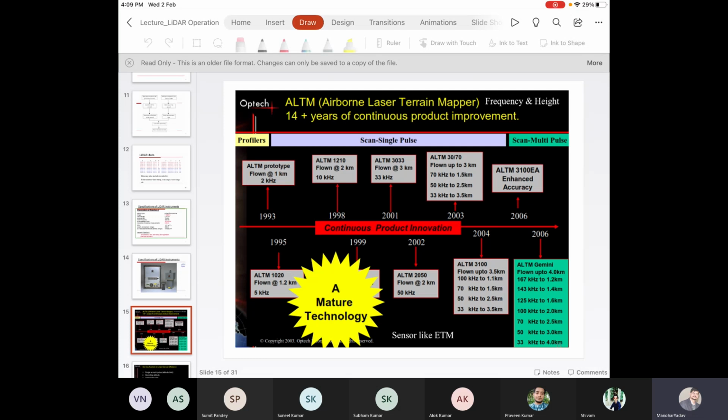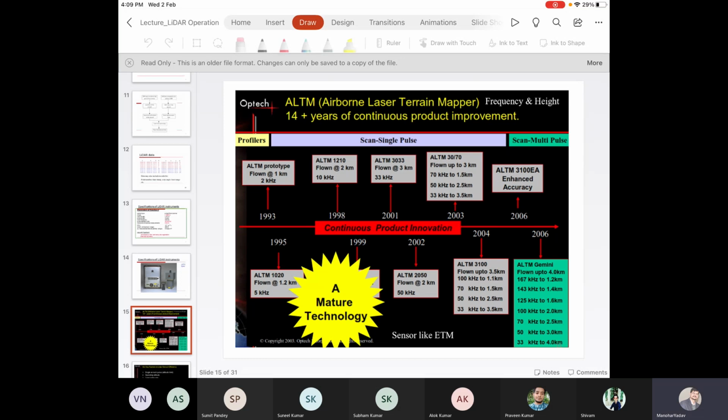This is the ALTM prototype, and it was flown at a height of 1 kilometer. So at 1 kilometer, the pulse firing rate was 2 kilohertz. Now, in 1998, this model at 2 kilometer had 10 kilohertz.